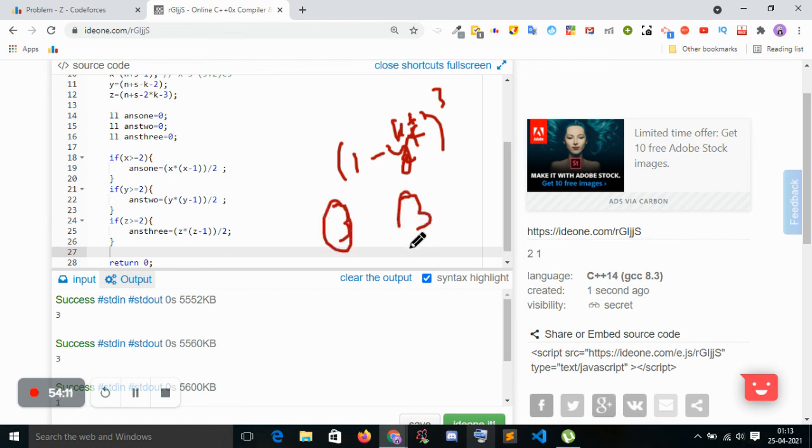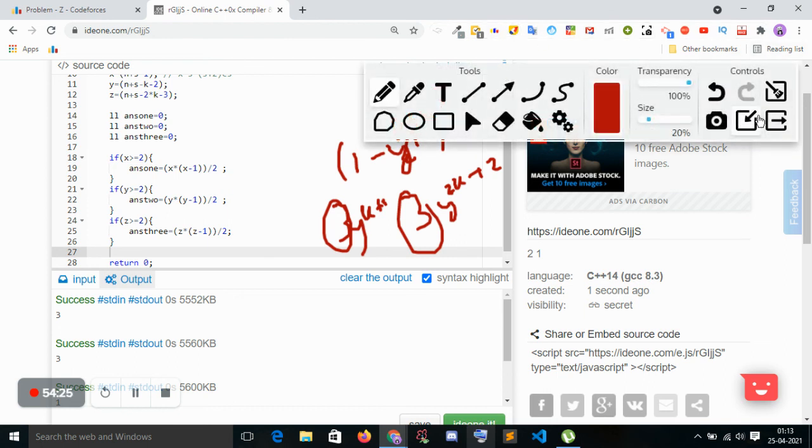There are two powers, y to the power k plus 1 or y to the power 2k plus 2. So I have to multiply the coefficients.